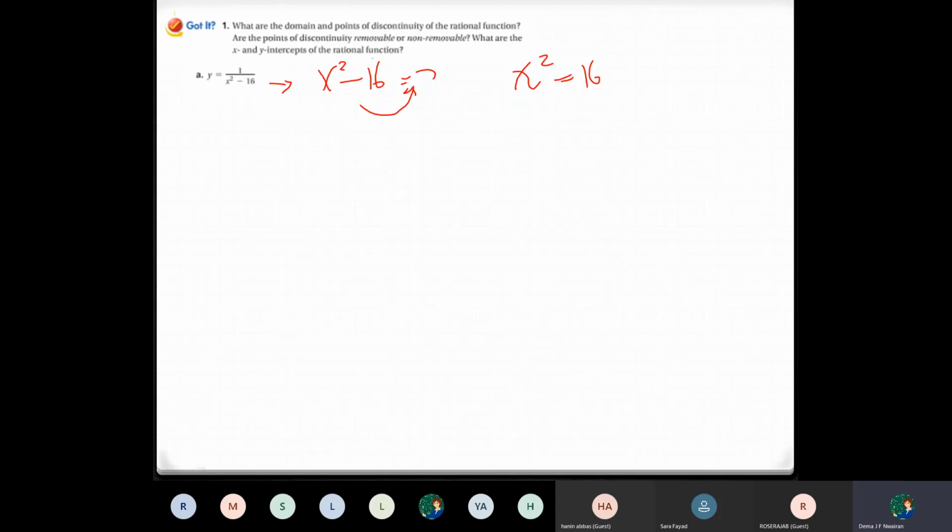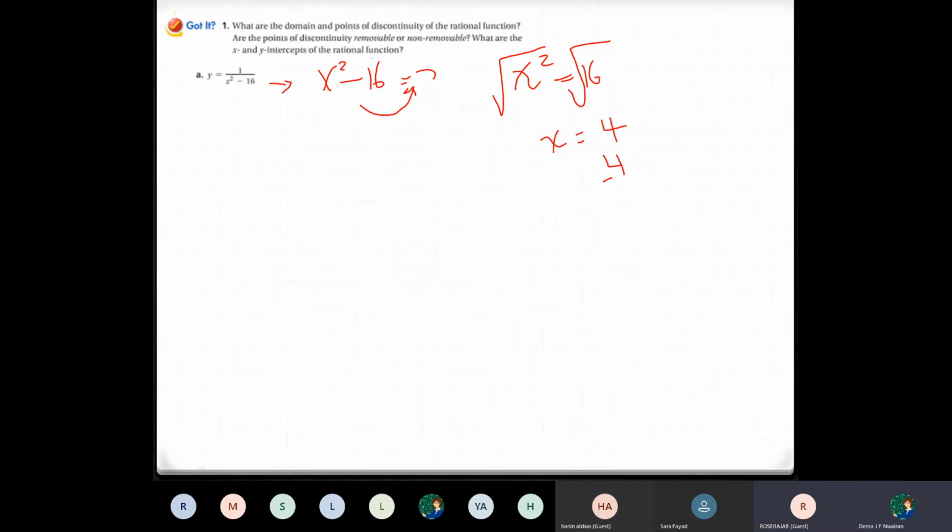So to solve it, put the 2 terms under square root. Now, square root of x squared equals square root of 16. So x, it could be what? Positive or negative 4.